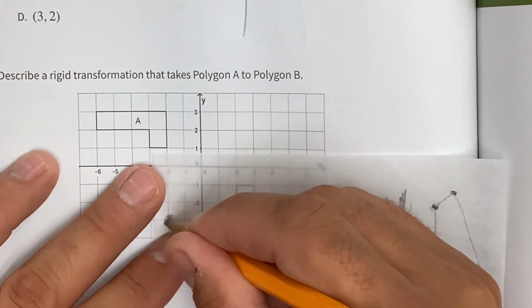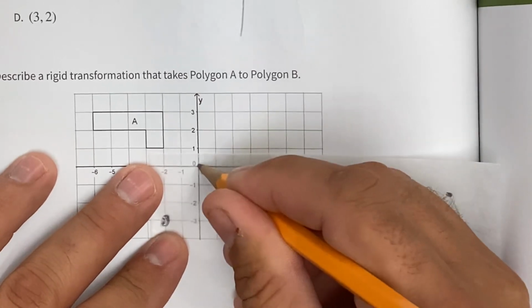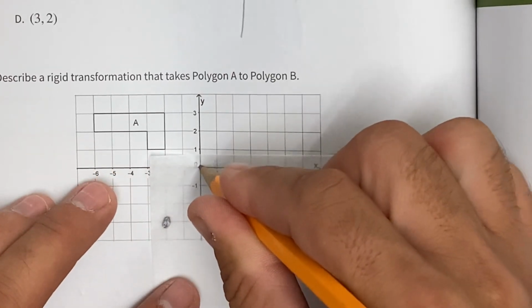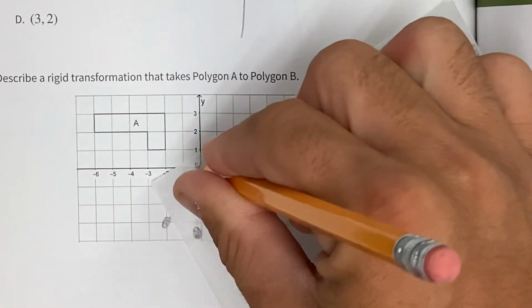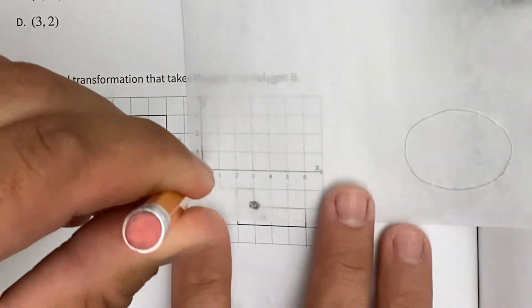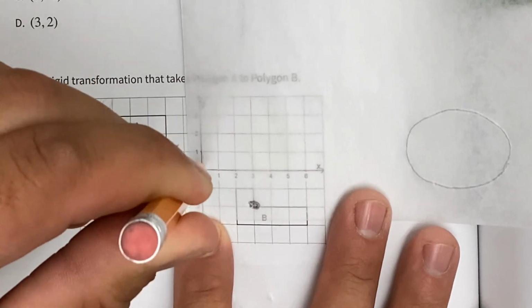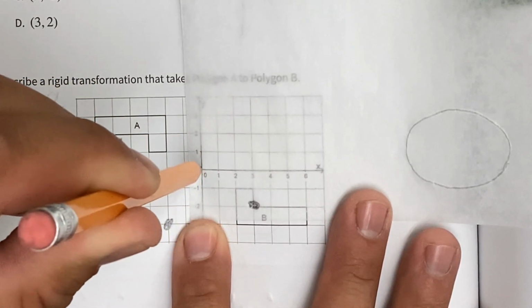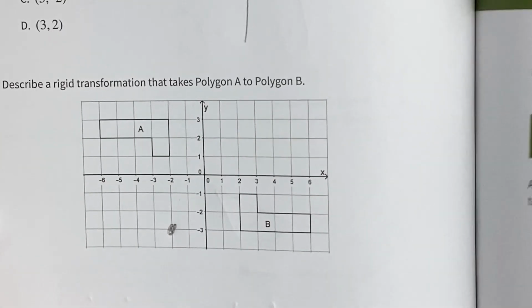This point right here. Around the origin, let's see, counterclockwise would be this way. So what point is that at? 3, -2. C.